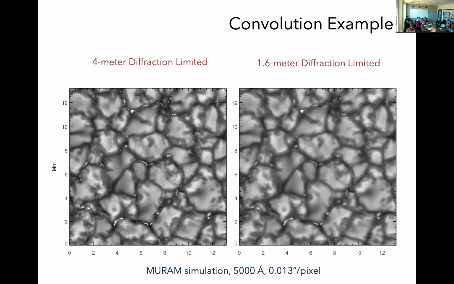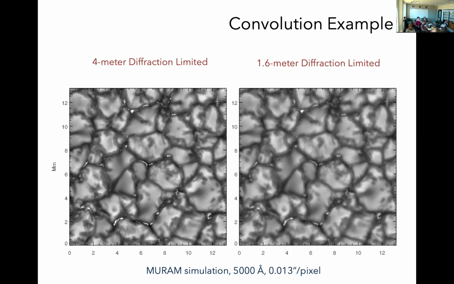Here's an image on the left, again from a simulation, and the left is what you get with the resolution of the simulation, for a 4-meter diffraction-limited image. Then I convolve that with the theoretical PSF of a 1.6-meter telescope, and you see it slightly blurred on the right. These bright points and everything are a little smeared out.